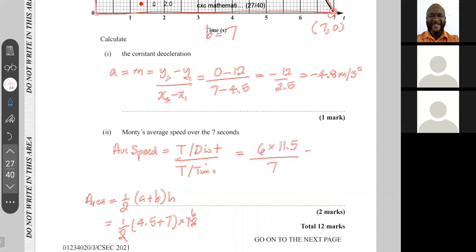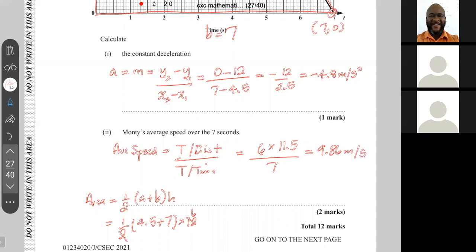This will give you the average speed for the entire journey. 6 times 11.5 divided by 7. And I'm seeing 9.86, and this is meters per second.